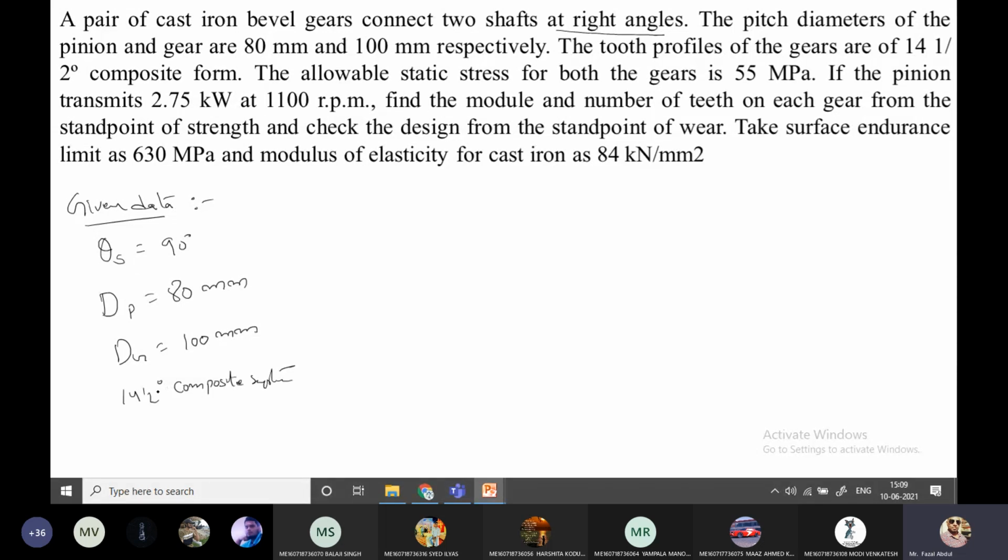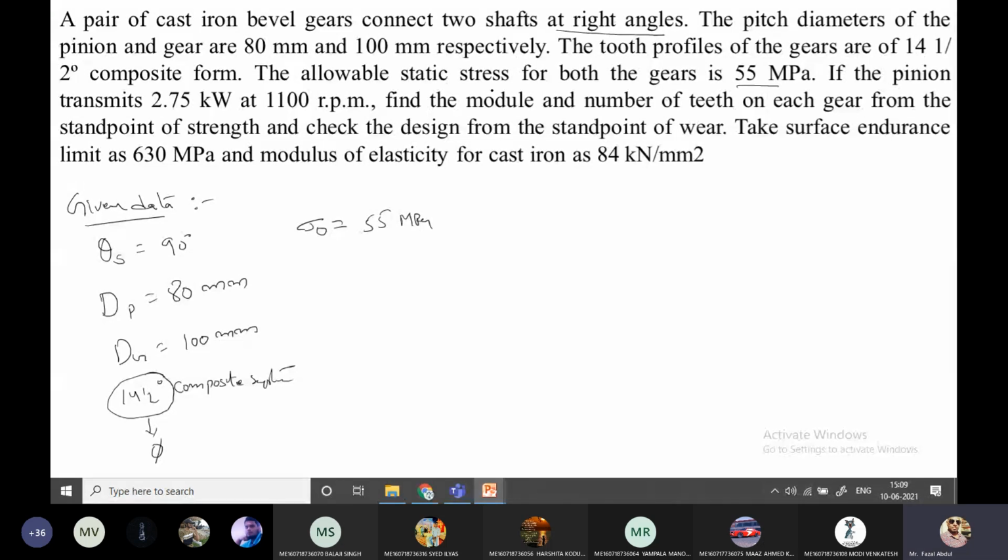So with this statement, what answer will we get? The pressure angle is 14.5 degrees. The value of pi will be given here. The allowable static stress sigma naught for both gears is 55 megapascal.